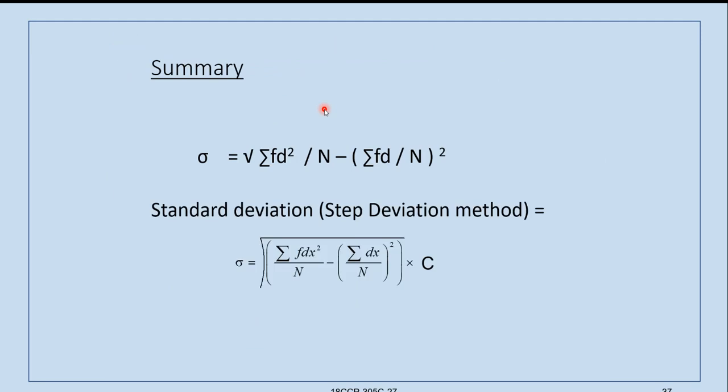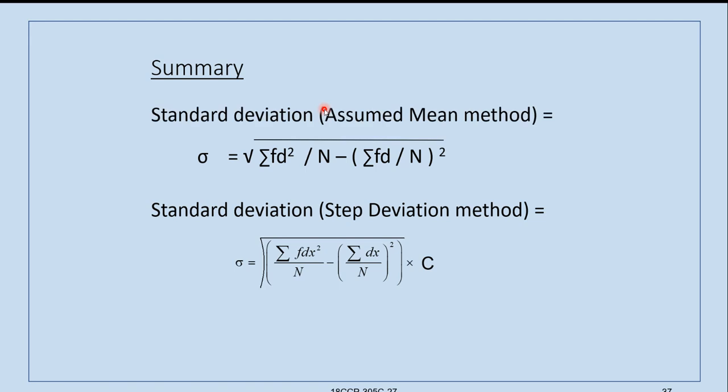So this is the summary we have seen in individual observations. In discrete series, when we have taken assumed mean, the formula is sigma fd square by n minus sigma fd by n, whereas step deviation method, sigma fdx square by n minus sigma fdx by n, whole square.